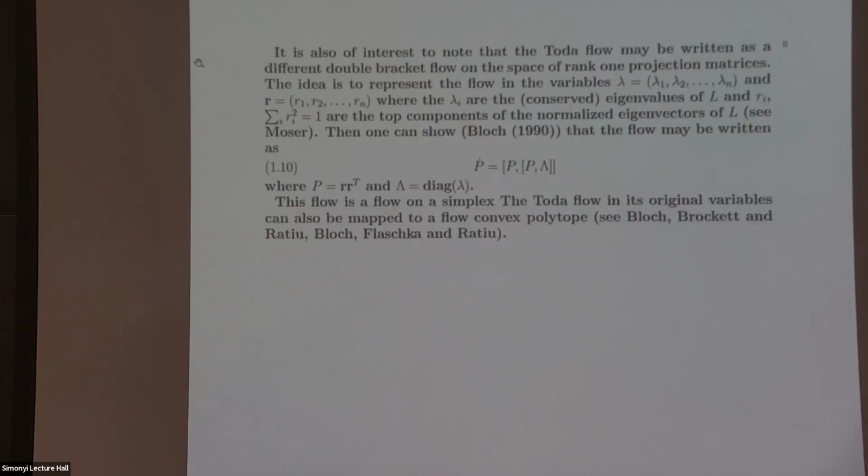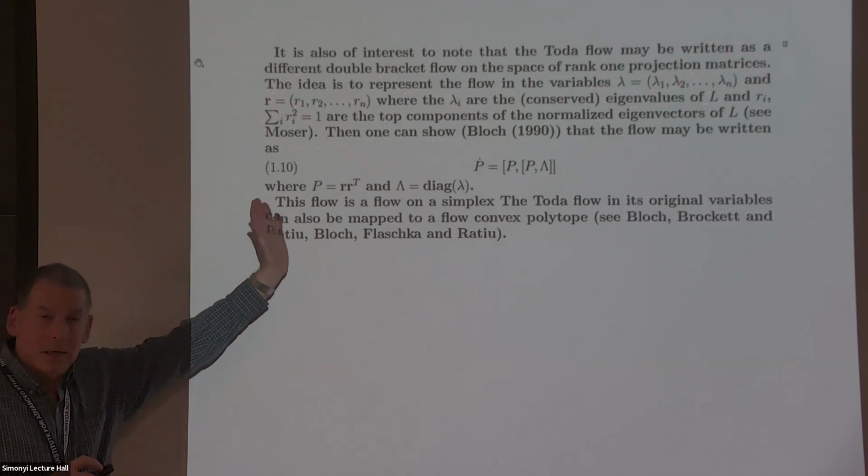Okay. So the other thing, and this is not super important, but it's kind of interesting and relates a little bit to what I'll say into Grassmannians, and in fact, the particular case of projective space. Since you preserve the eigenvalues, you can think of those as fixed along the flow, and then you can look at a conjugate set of variables, sort of action angle variables for the problem, and you can rewrite the flow in terms of the top components of the normalized eigenvectors.